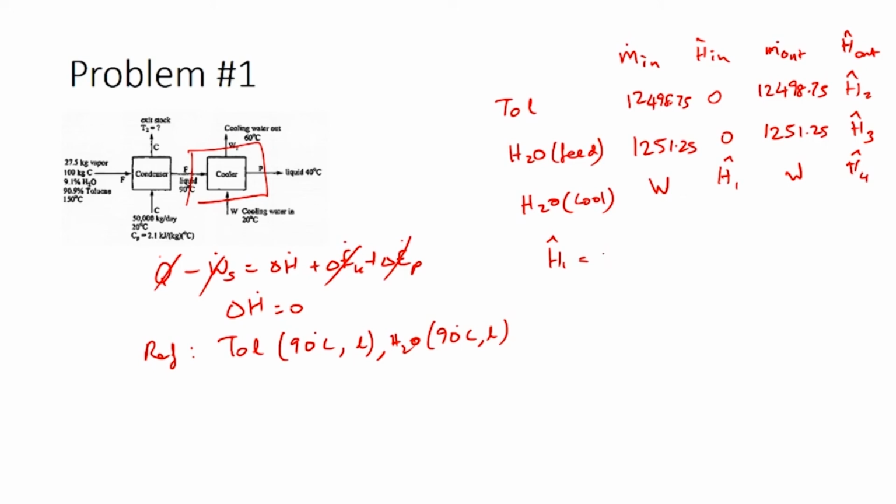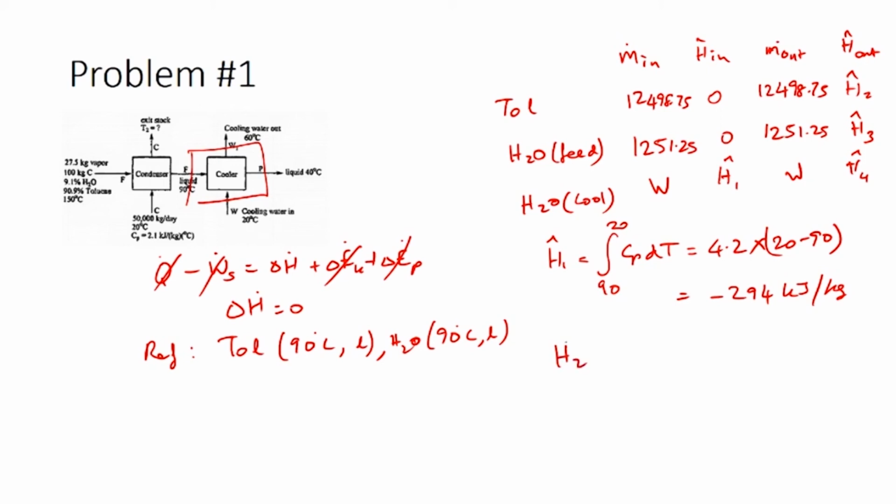So, this process is just a change in temperature: integral Cp dT from 90 degrees Celsius to 20 degrees Celsius, the inlet condition, equal to 4.2 times 20 minus 90, giving a value of minus 294 kilojoules per kilogram.